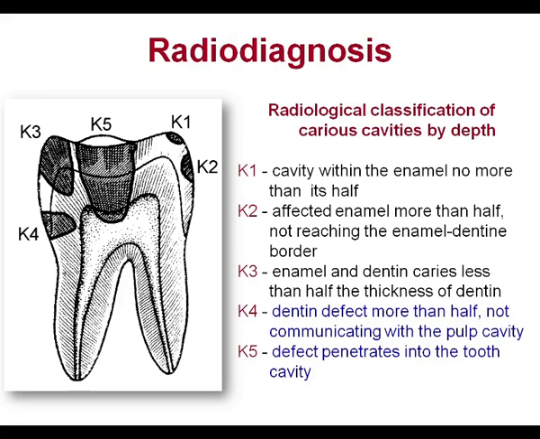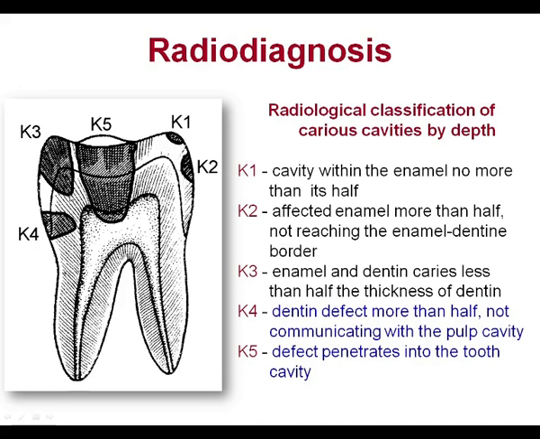There is a radiological classification of caries cavity by depth. It is the same one we studied in cariesology. There are 5 types of caries cavity. K1 is in the enamel but not deeper than half. K2 is also enamel but more than half of its depth.